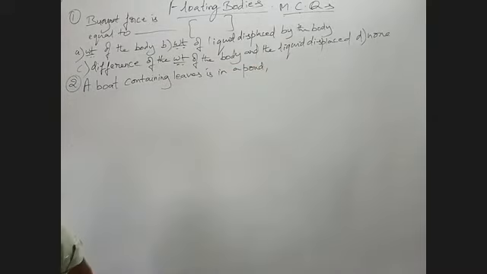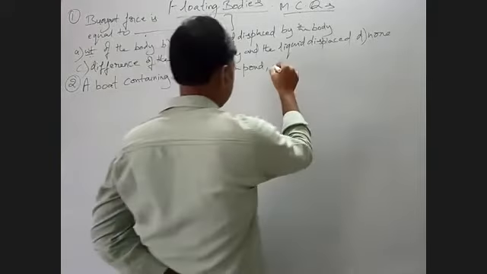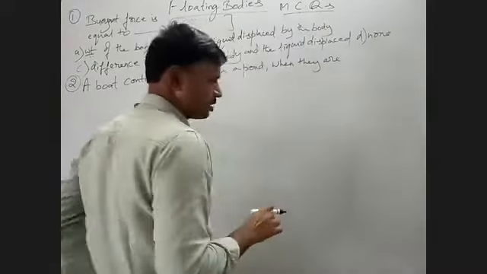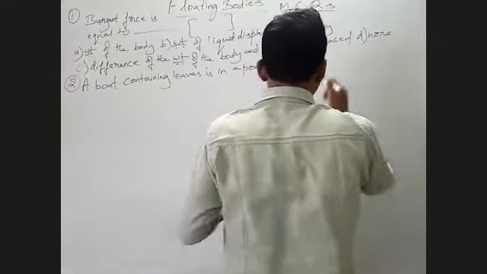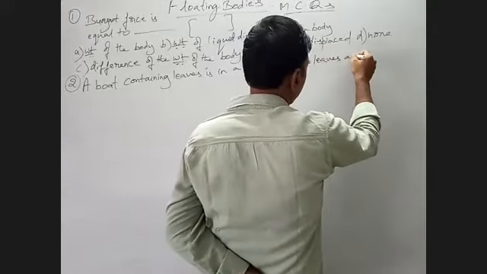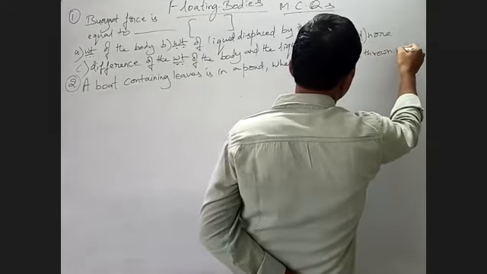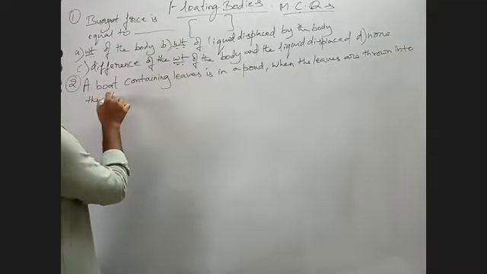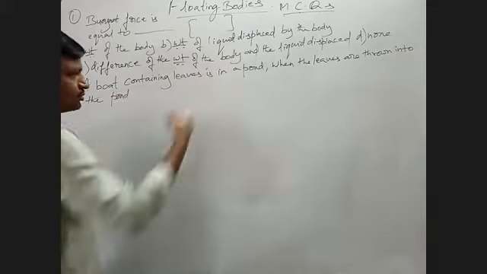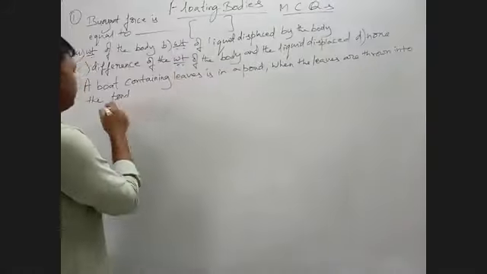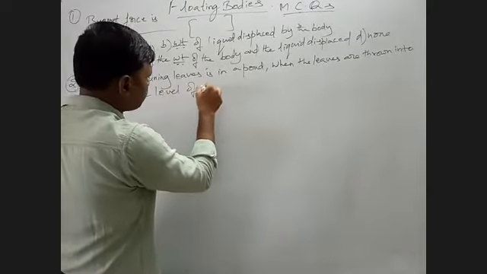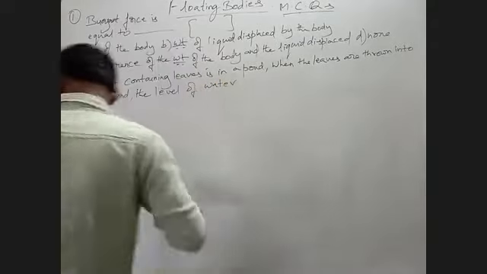When the leaves are thrown into the pond, what happens to the level of water in the pond?